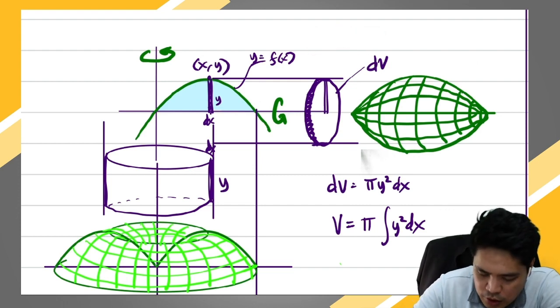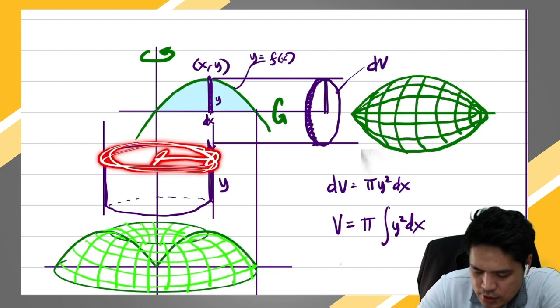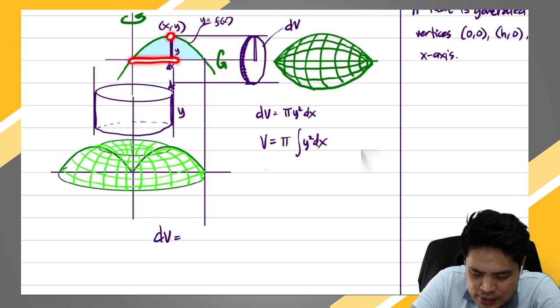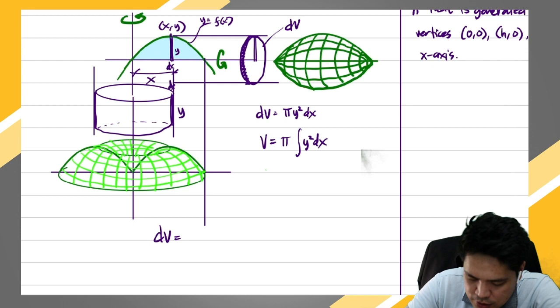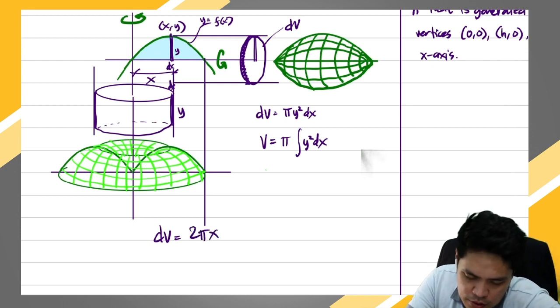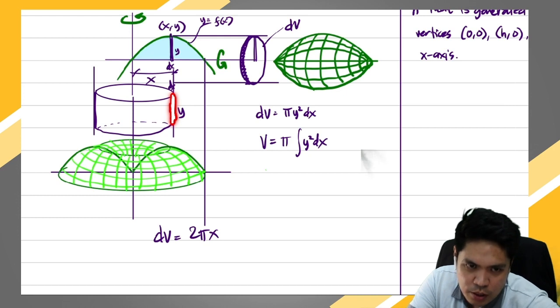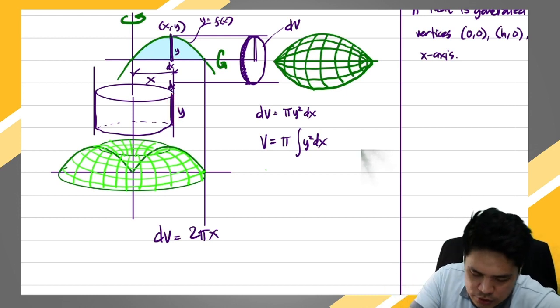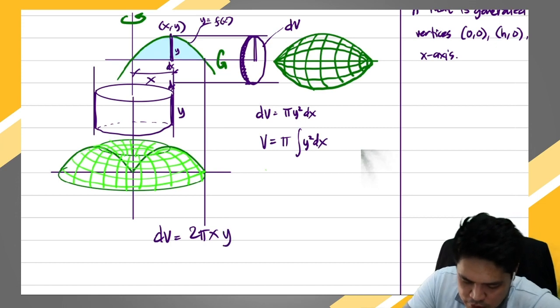So what is the radius of this? Since this point is (x, y), this is x, this is y, so this is x. So that is just the circumference, 2 pi radius, times this. What we are basically getting is just the surface, times y, times the thickness.